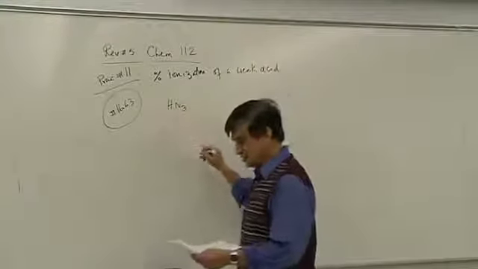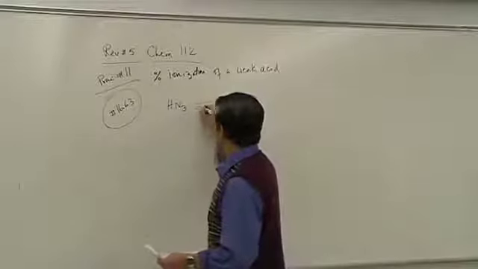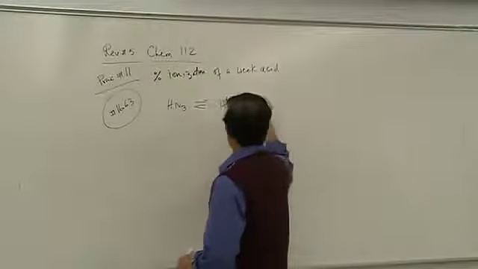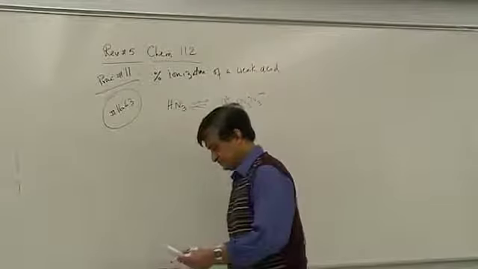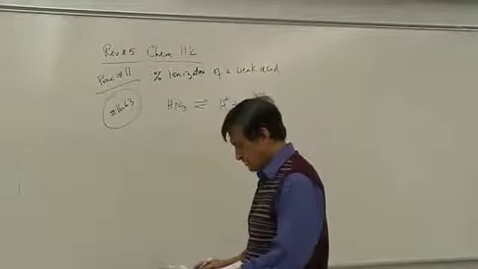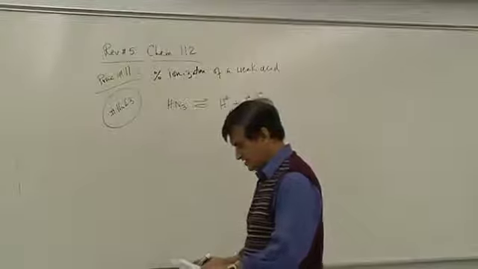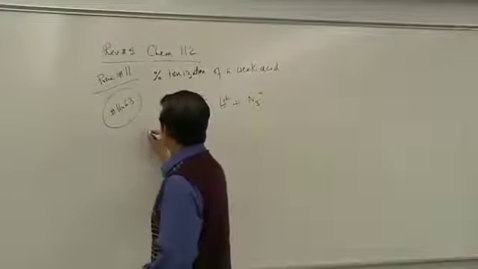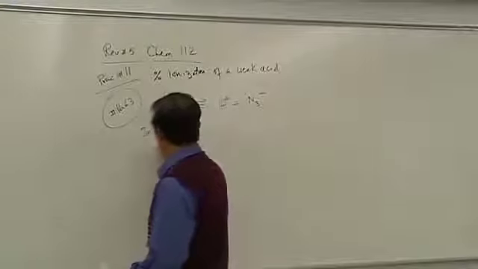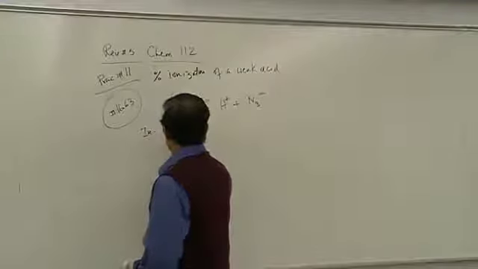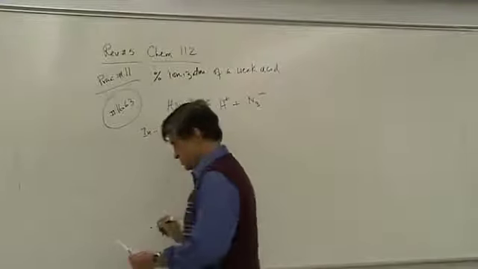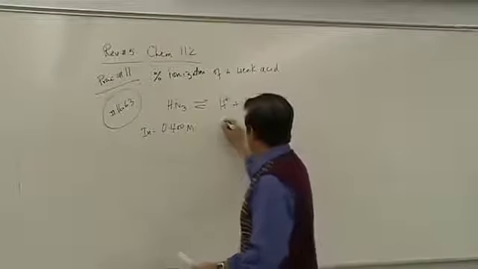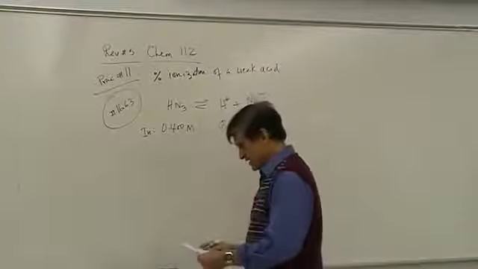This is HN3. That would break down into H plus plus N3 minus. Now, what is given in this case? Initial concentrations. Initial concentration is 0.400 molar of this weak acid. And I didn't have H plus or N3 minus at the beginning.